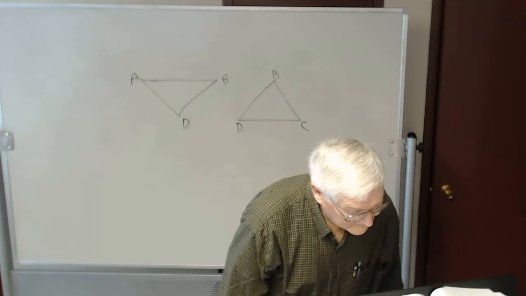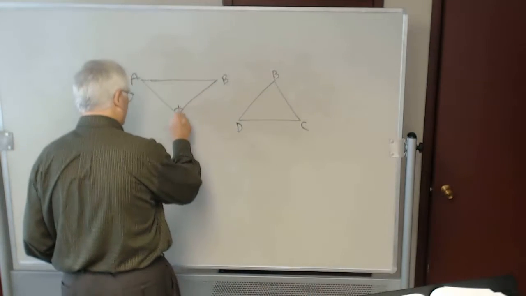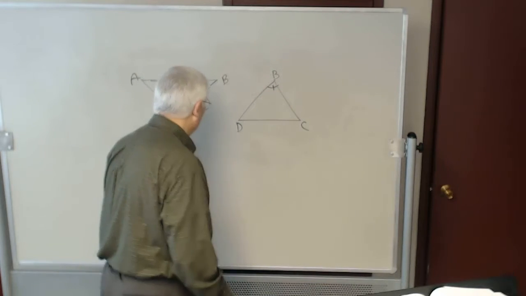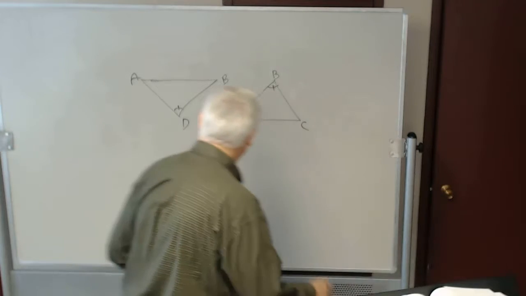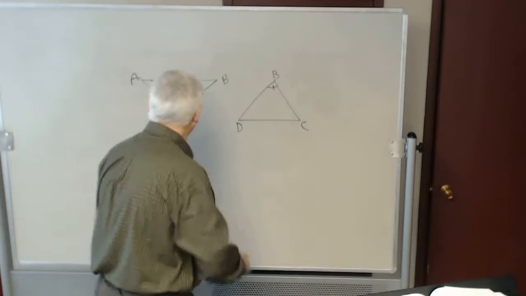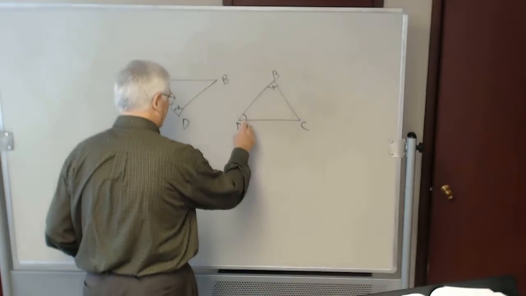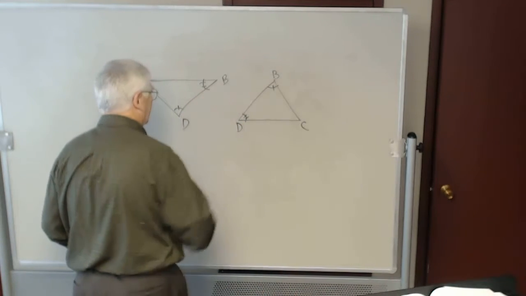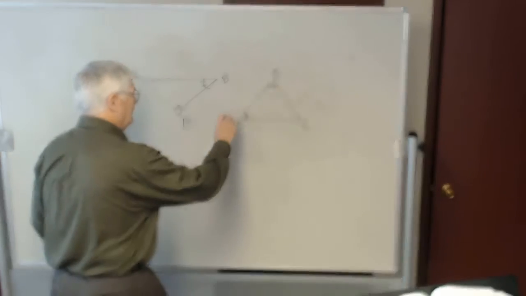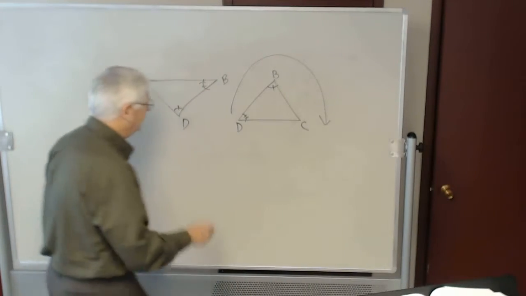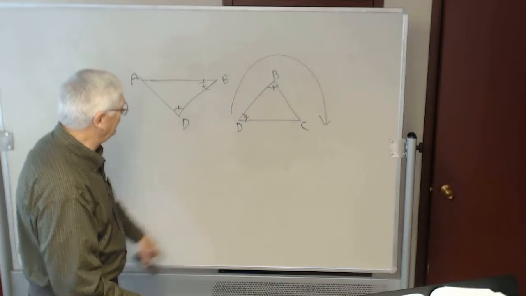And what do we know about them? This angle and this angle are equal, and this angle, which one is it now? This one and this one. This angle and this angle are equal. So I need to do this rotating thing again. You see that? Rotate it around where these angles are matching up.